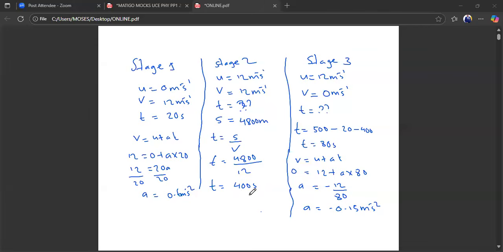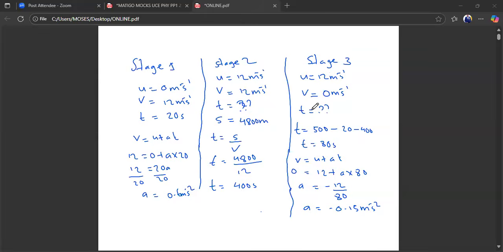Now, in the third stage here, our final velocity in the second stage was 12. So our initial will become 12 meters per second. Then the final will become 0 because the bicycle was brought to rest. Time is not given.